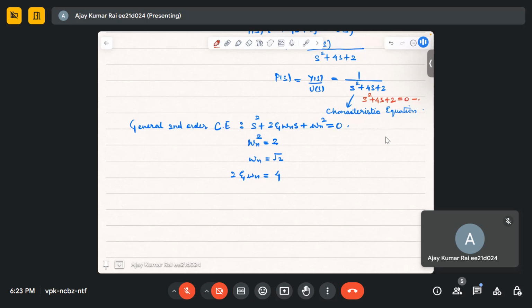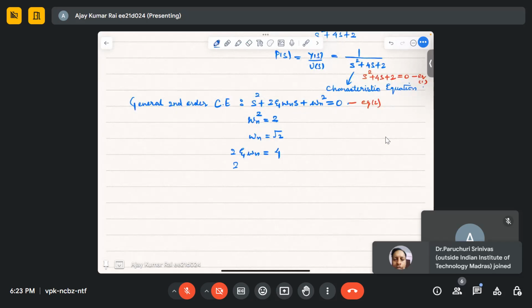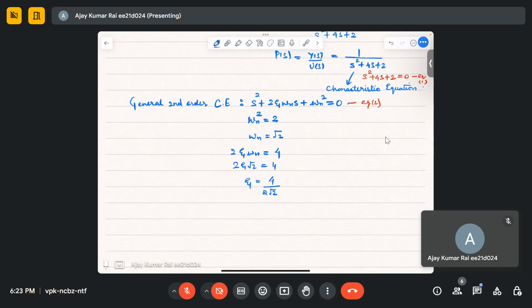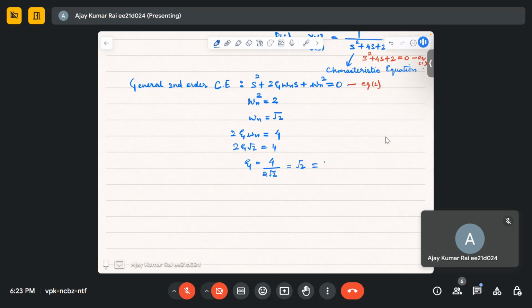And this is equation 2, the general form. I'm comparing equations 1 and 2 and writing out these values. 2 zeta omega n is equal to 4, and omega n is root 2. So zeta is 4 by 2 root 2, which will be like 1.41.